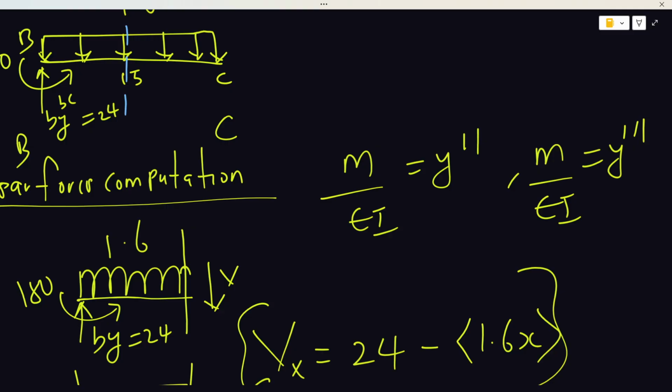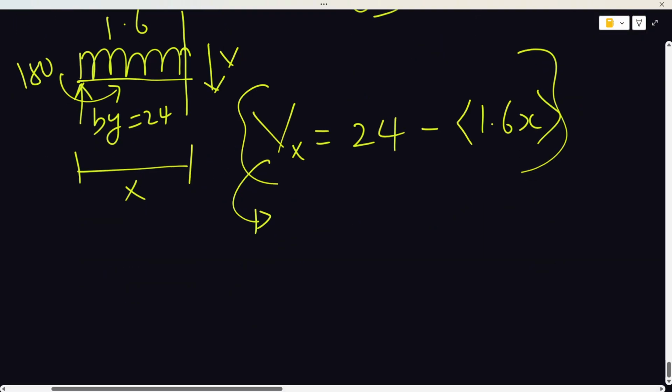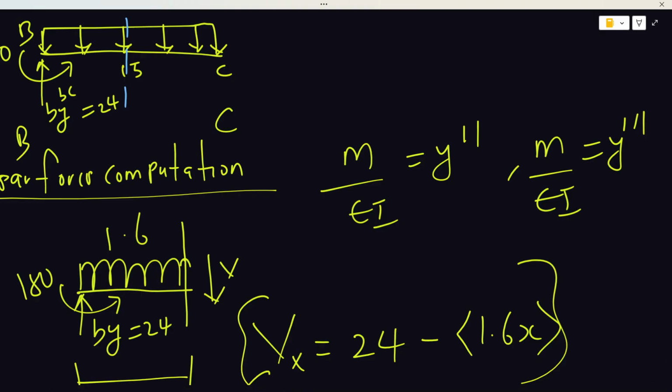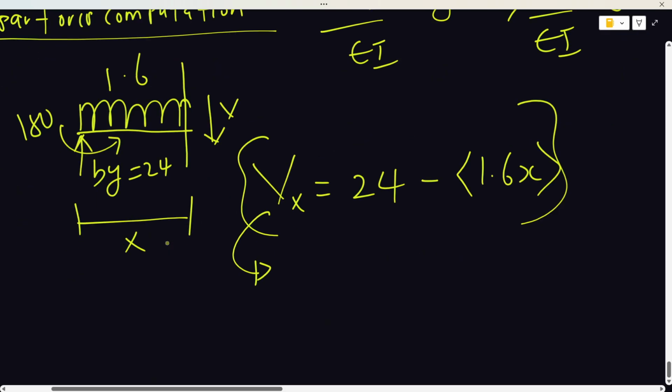So when I differentiate my bending moment, I get my shear force.